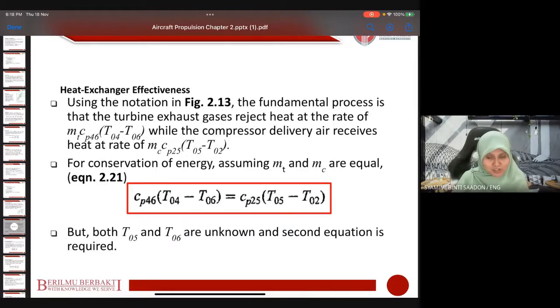Enthalpy is energy in joules. Heat also is a form of energy. So the rejected heat from the exhaust gas means exiting the turbine.